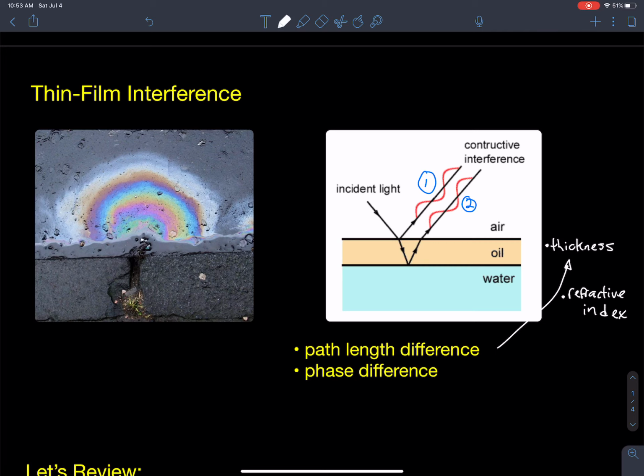But how does refractive index affect the number of wavelengths of that ray when it goes into the medium? And the last thing that we need to understand is when light reflects, does it undergo a phase change? Those are the three things that we're looking at. These conditions allow me to predict how many wavelengths that extra path has to have in order for it to overlap constructively. All right, so let's get going.